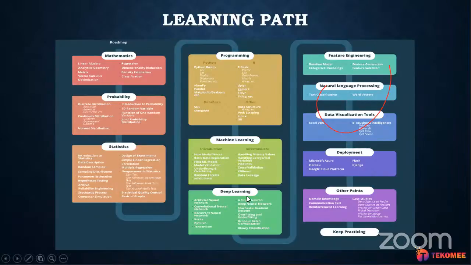Then comes your deep learning. It is just the advanced portion of ML, where, understand, this complete deep learning is based upon the concepts of regression.